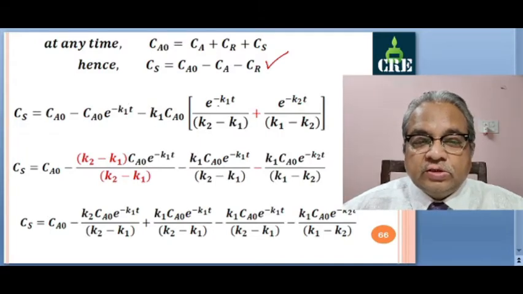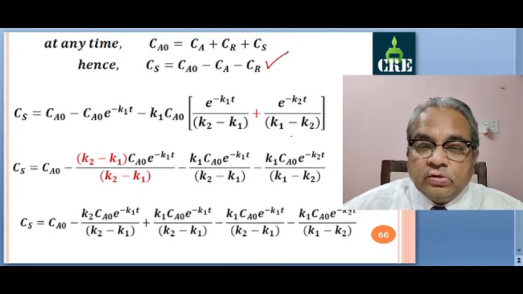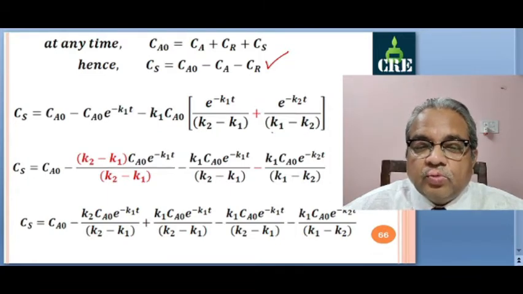CR is K1 CA0 e raised to minus K1t by K2 minus K1 plus e raised to minus K2t by K1 minus K2. Okay, this is in the denominator. So in the numerator we have e raised to minus K1t, here K2 minus K1, e raised to minus K2t, K1 minus K2. If you maintain this minus sign, it can be written as K2 minus K1.